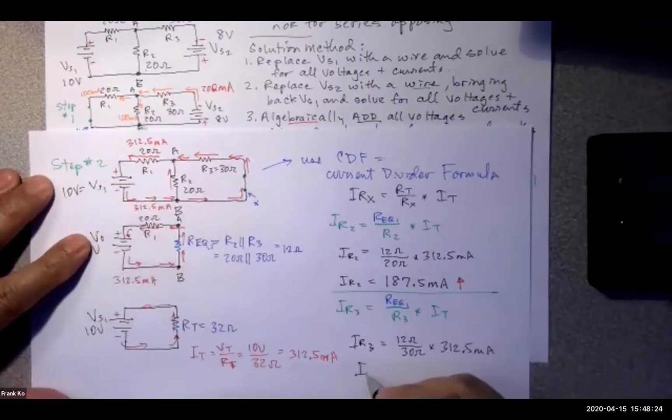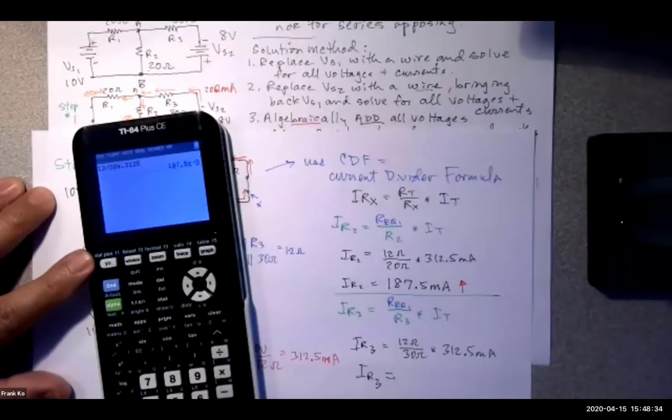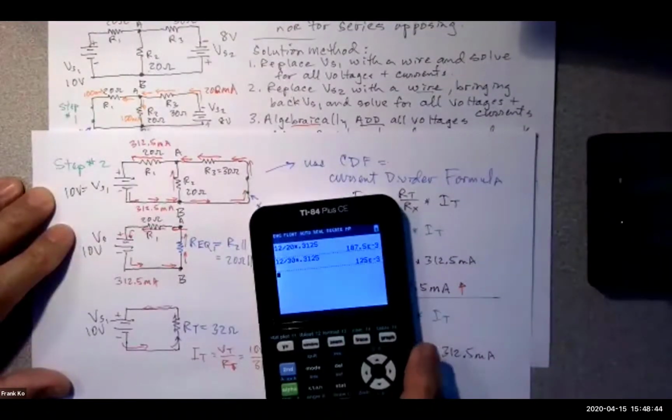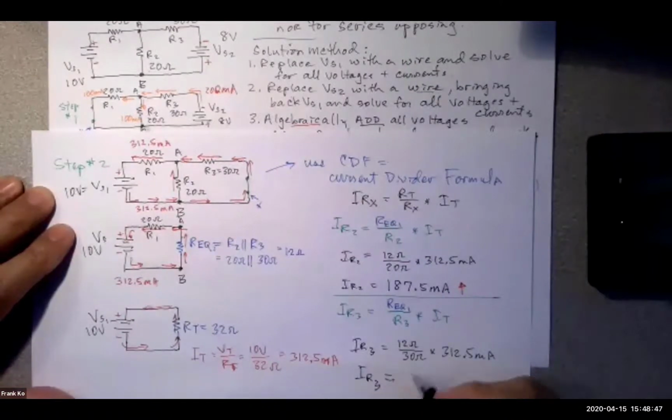So my IR3 is 125 milliamps. Who would second that? Yeah, I second. Excellent. My calculation also shows 125 milliamps. So we will go with 125 milliamps.